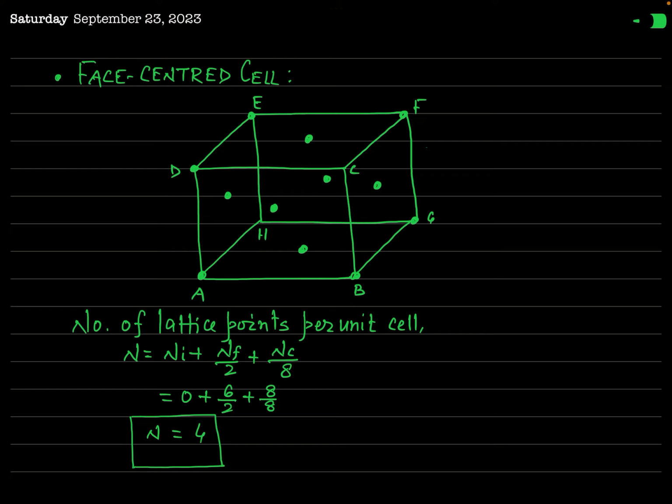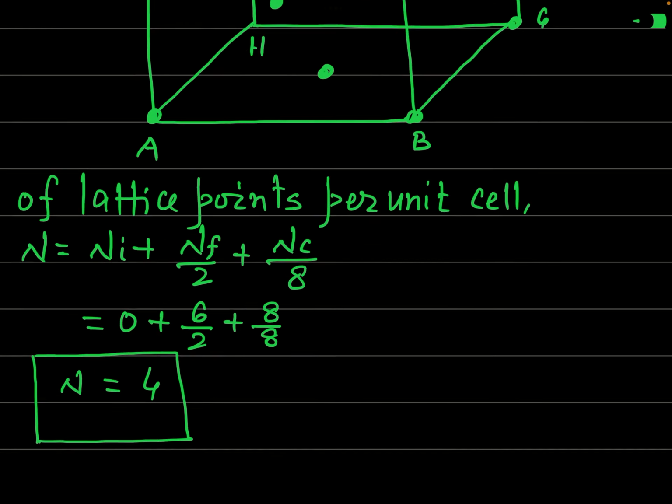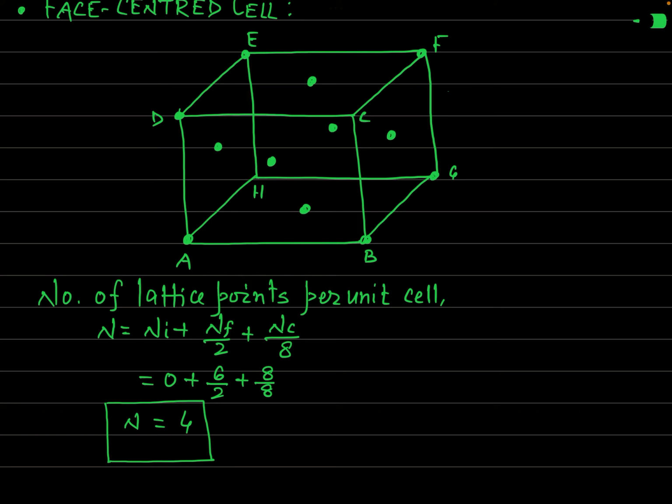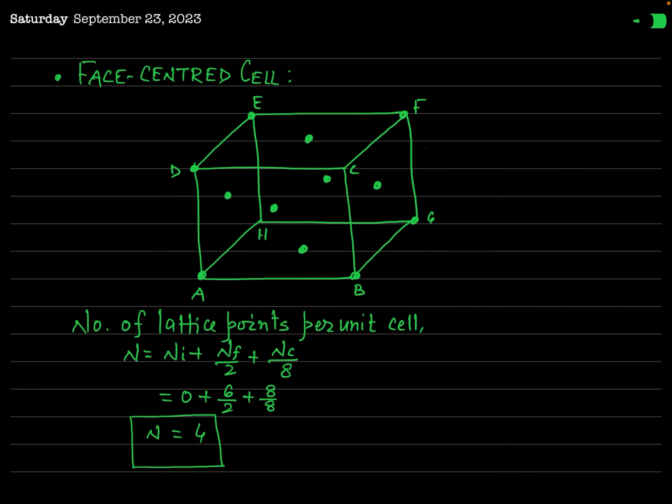Now, see the case of the face-centered cell. When you say face-centered cell, in this case there will be a lattice point at each of the 8 corners. But apart from that, since this parallelepiped has 6 faces, you can see one face is AHED, and at the center of this face AHED there is a lattice point which I have marked by this point P1.